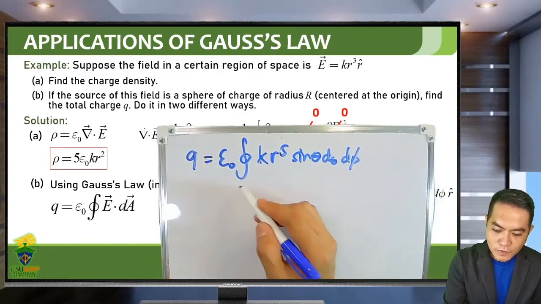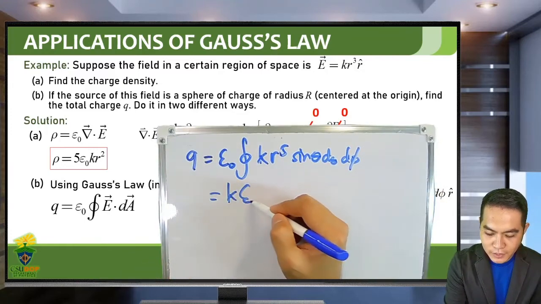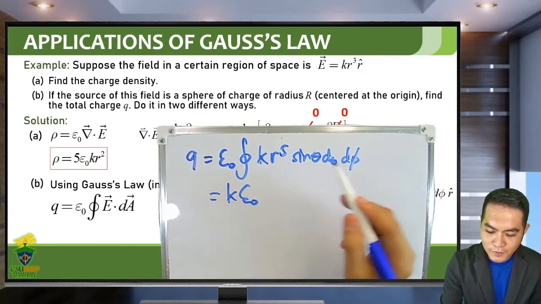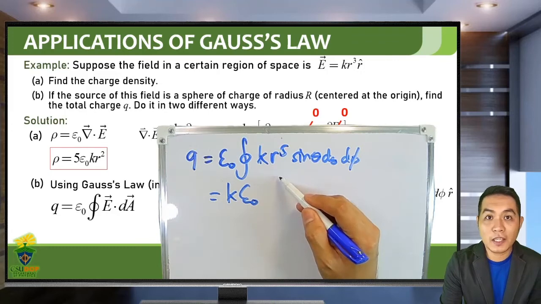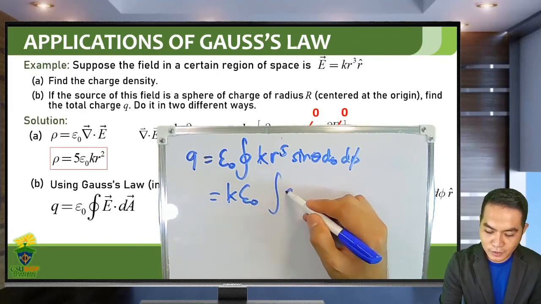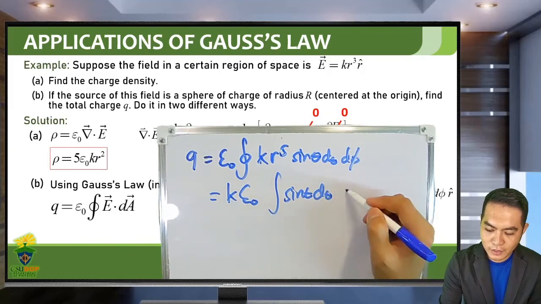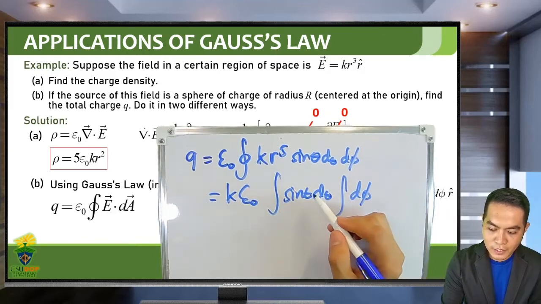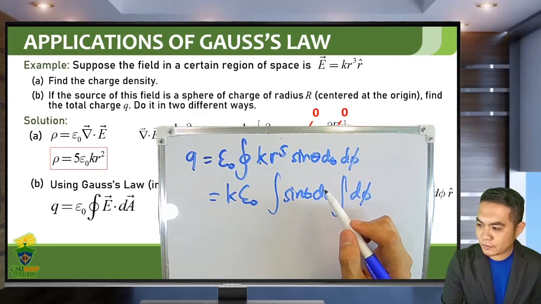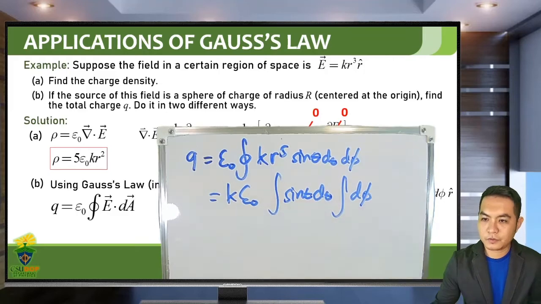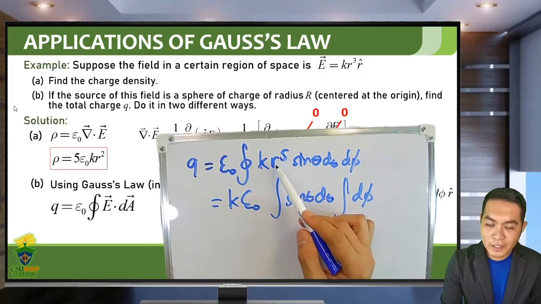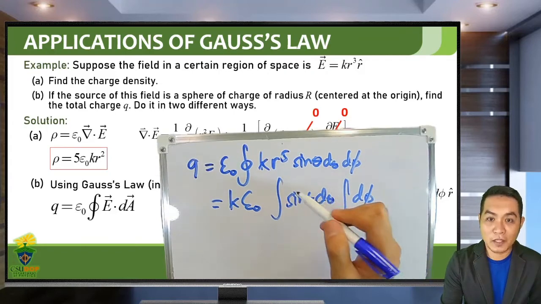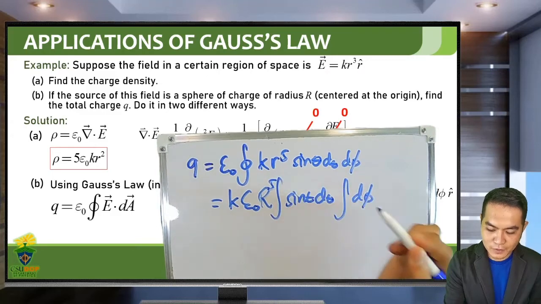Okay. So k is a constant, so you can take it out of the integral. This is a closed surface integral, so it is actually a double integral. You have the integral of sine theta d theta, the integral of d phi, and r here is just equal to the radius of the sphere, capital R. So you have R to the fifth outside of the integral.